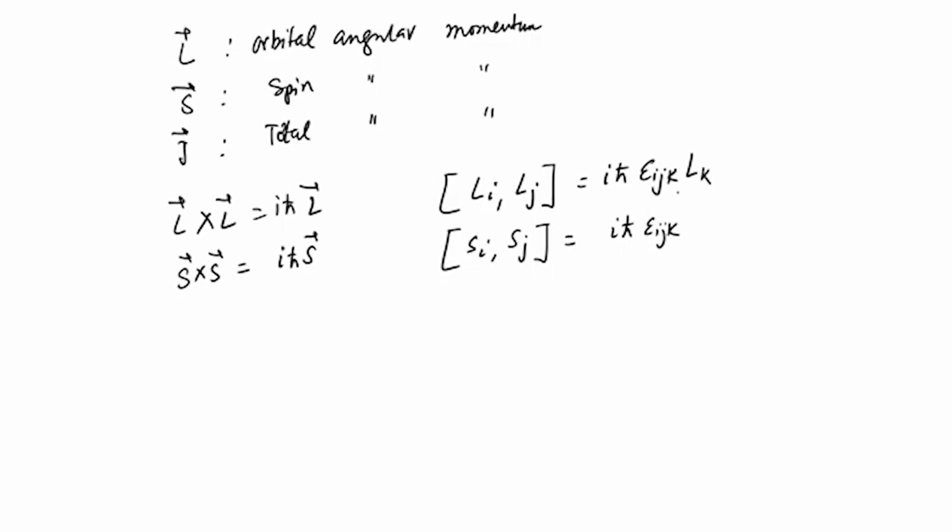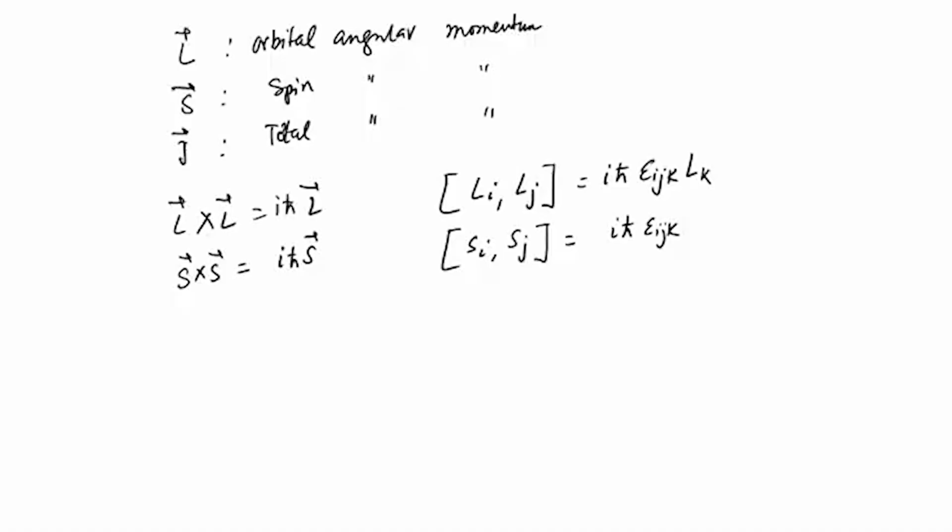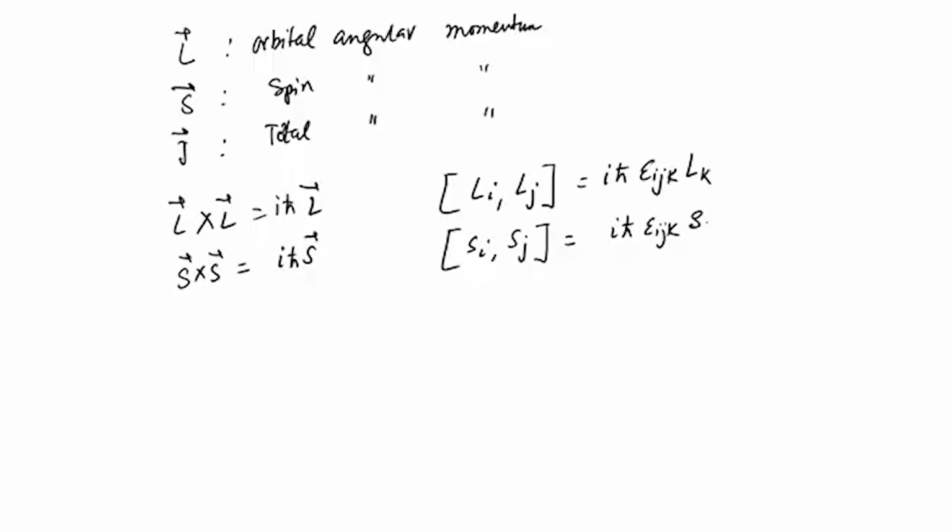If it is clockwise, that is ijk maintaining an order, then it is equal to 1. If you flip any of the pairs, that is i and j, if you make it j and i, then it picks up a negative sign, and if any two indices are made equal, then the Levi-Civita symbol epsilon_ijk is equal to 0.